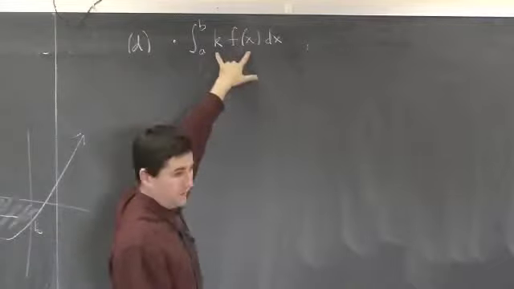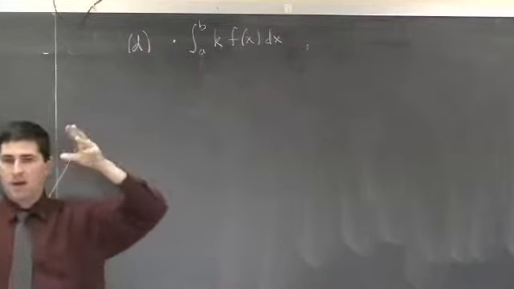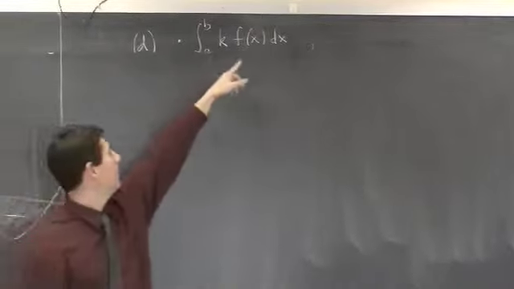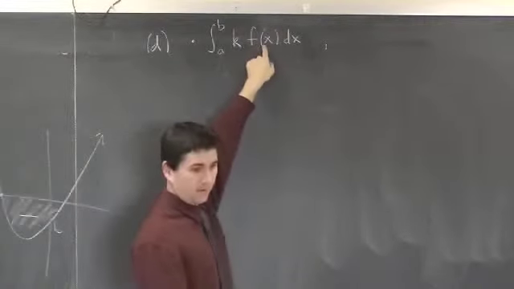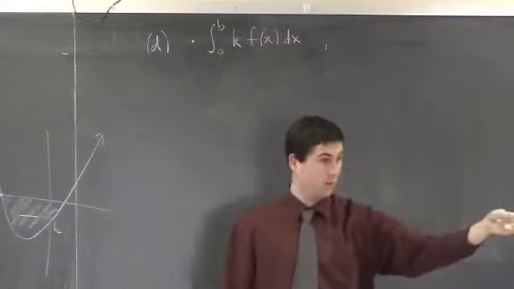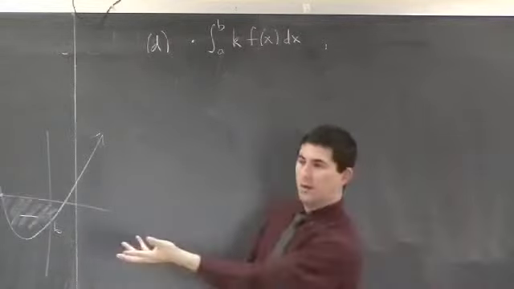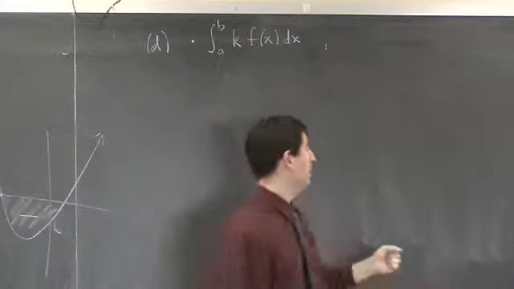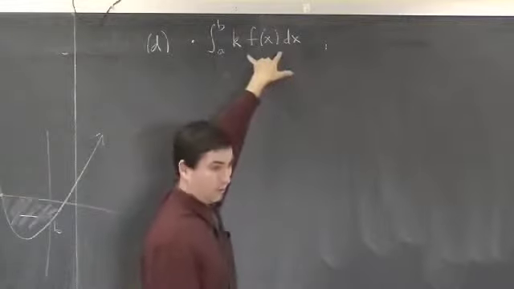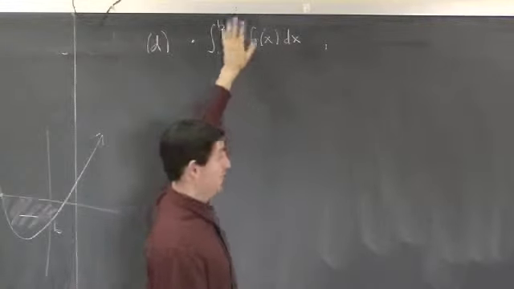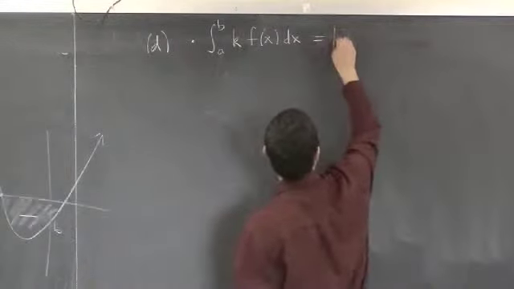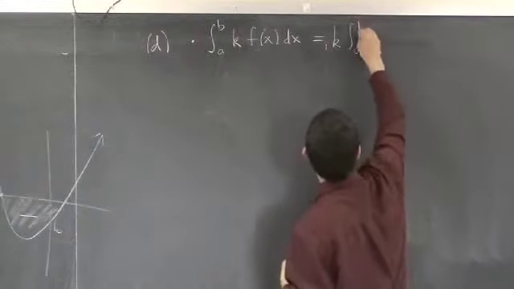Right? The definition of this is the limit as blah, blah, blah, sum k times f of x. Of course, what can we do with constants and limits? Right? Well, if the limit exists, we can pull it out. So if we're in a situation, which in our class we always will be, where this integral exists, at least until we get to improper integrals, maybe, then we're allowed to pull out constants.